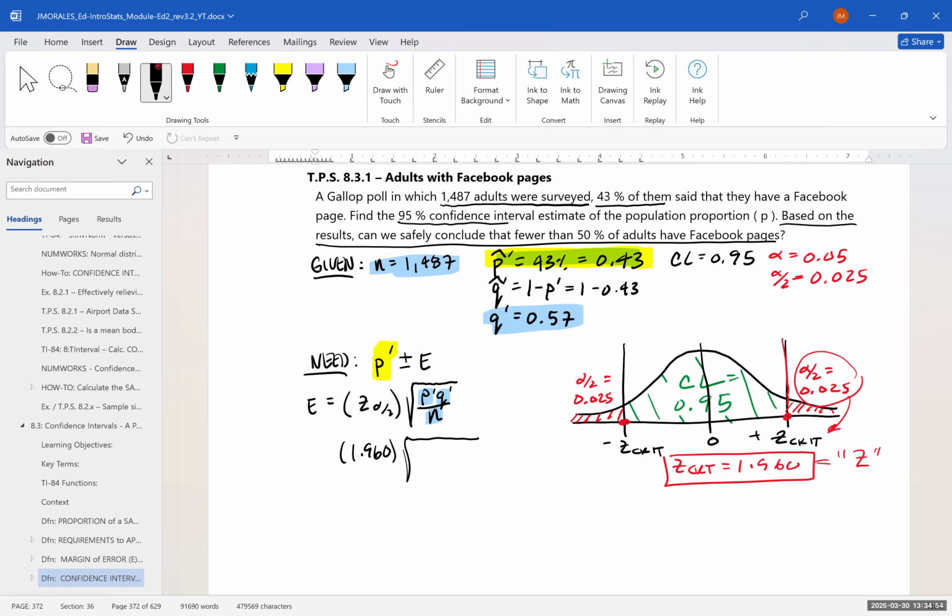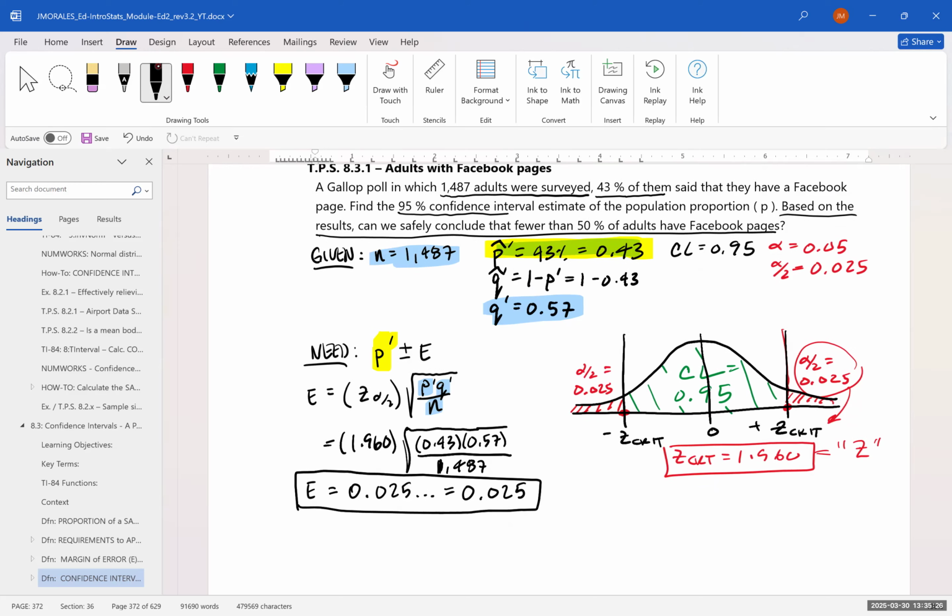And it only takes a second to put these values in, so that you can teach your future self what you did. Okay, and this came out to 0.025 and some change, which rounded to 3 decimal places is just 0.025.